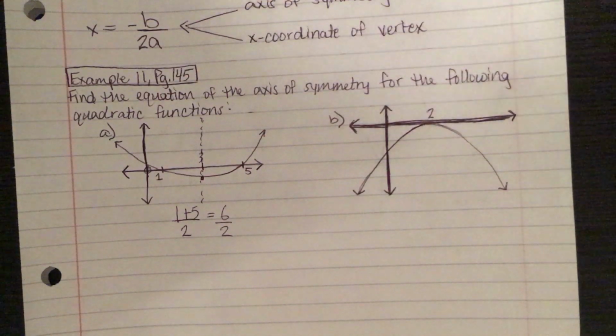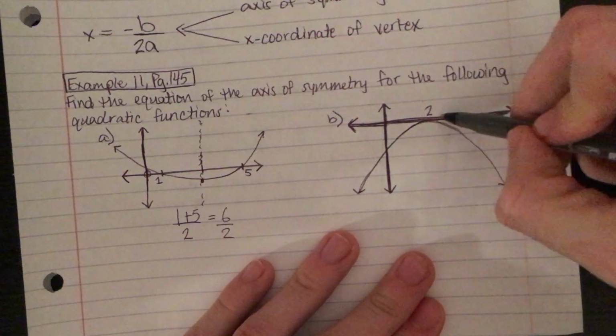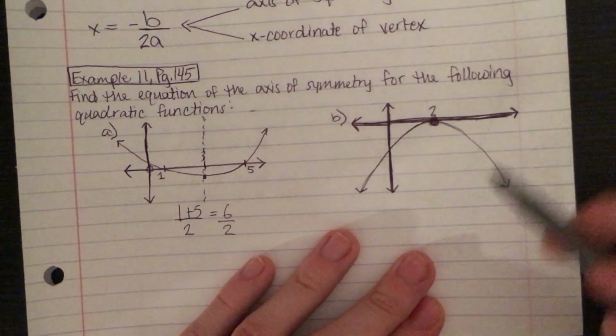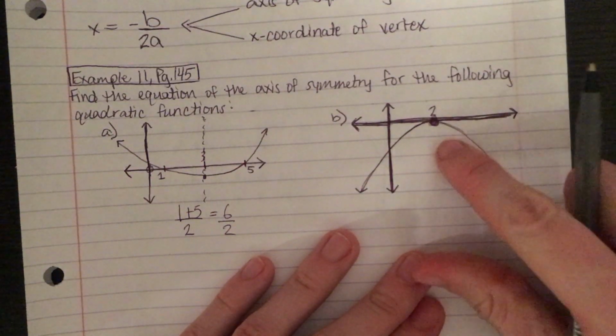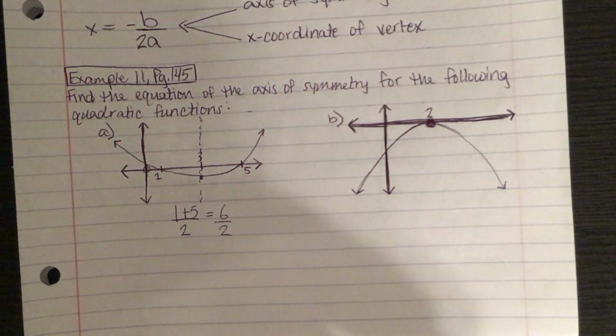So if we have a situation where our parabola only touches at an x value, like for example here it touches at the x value of 2, we can say this is a repeated root.